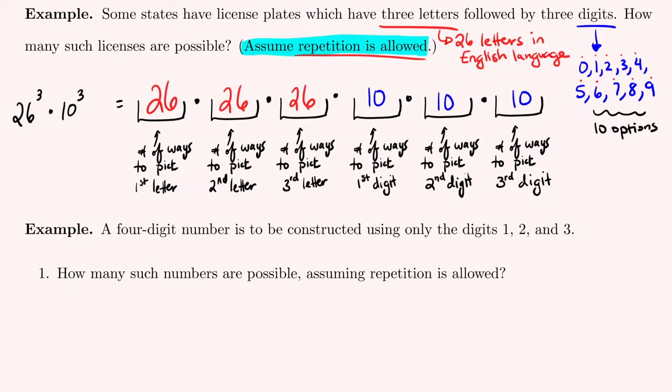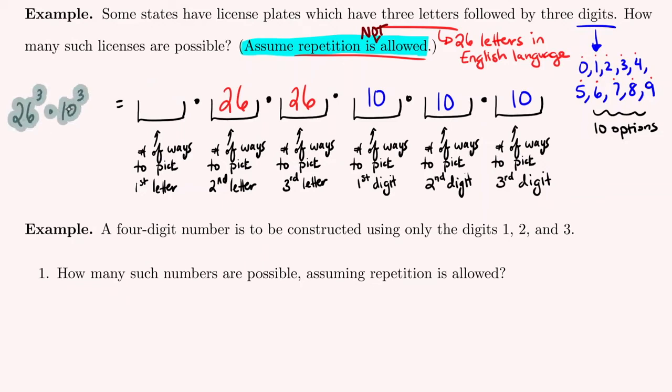For additional practice, let me now change the problem slightly, and let's see how that would change the way the problem is solved and how many options would be available to us. The change that I want to introduce, and if you want, write this on a separate piece of paper, it's a new problem, is that now repetition is not allowed. And that's the only change I'm going to make.